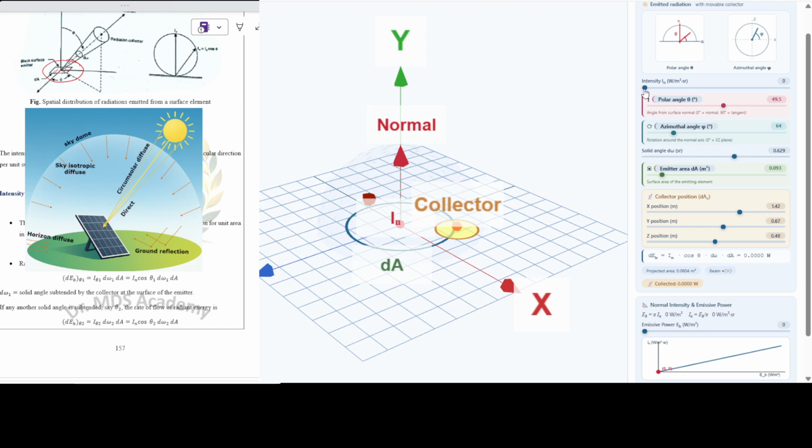Now increase the intensity. As you increase it, it shows red, glowing, which means the light energy is now in on mode. When you change the intensity power, the intensity changes.